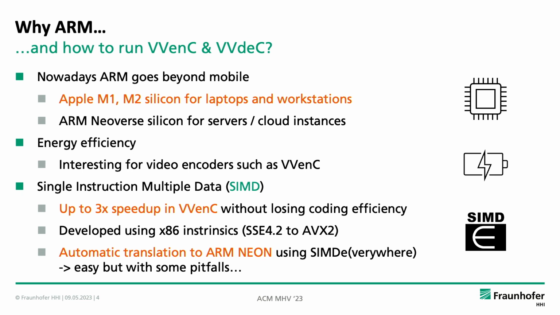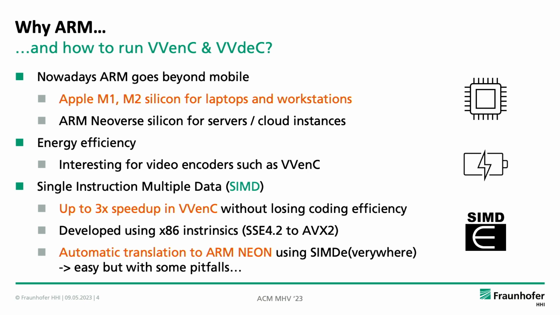And we developed the whole framework with VVenC and VVdeC using x86 intrinsics from SSE 4.2 to AVX2. And having these intrinsics allowed us to use a great framework called SIMD Everywhere, or SIMDE, which allows you to automatically translate to other SIMD operations like WebAssembly, or you can use it to generate or support ARM Neon optimization.